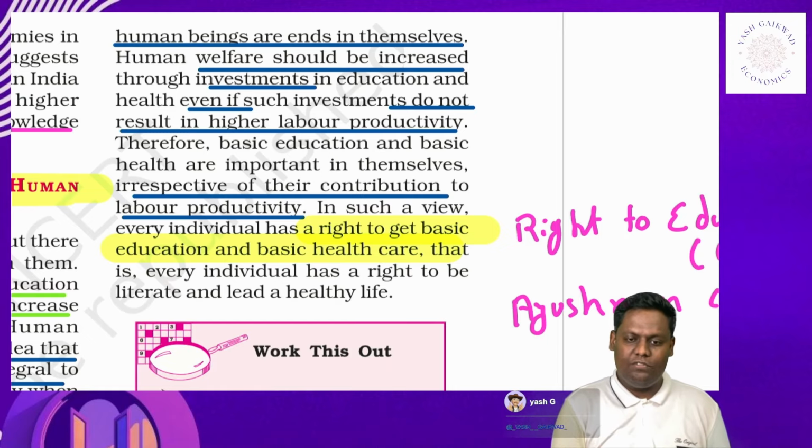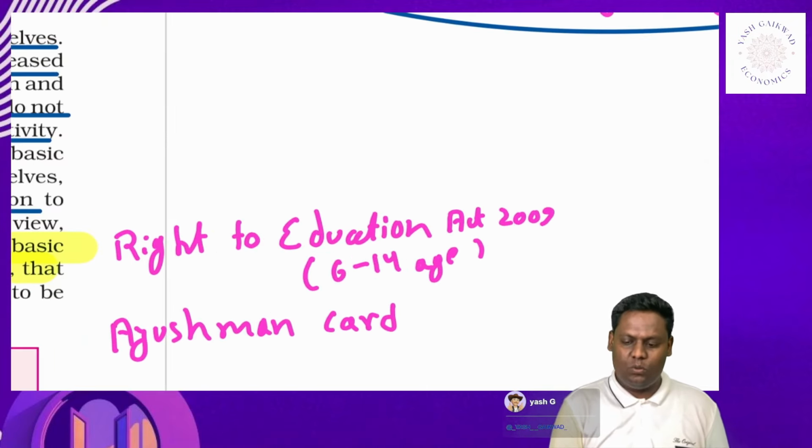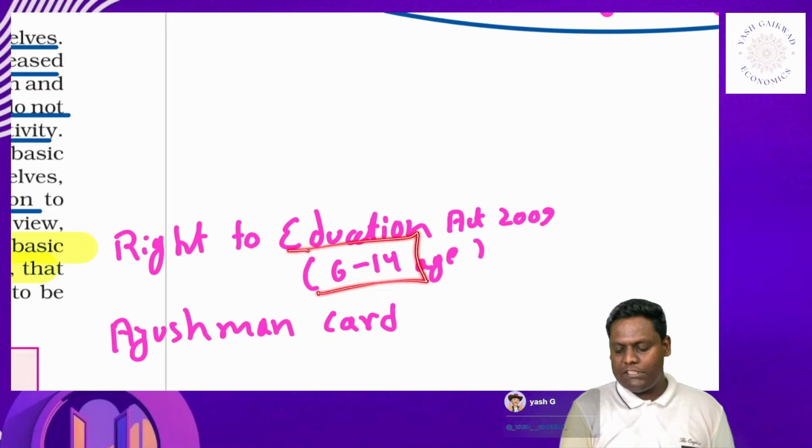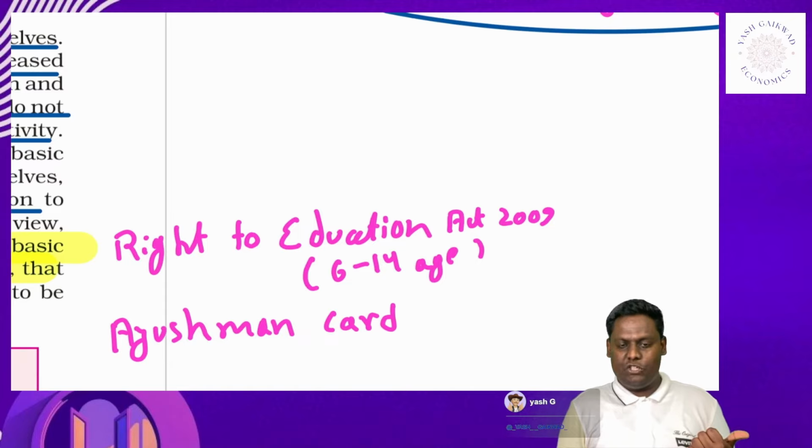An example of this is the Right to Information Act 2009 that was introduced by the government to ensure that any child between the age of 6 to 14 years gets the opportunity to complete his elementary education free of cost in a government school if he does not have the sufficient resources to enroll into a private institution.